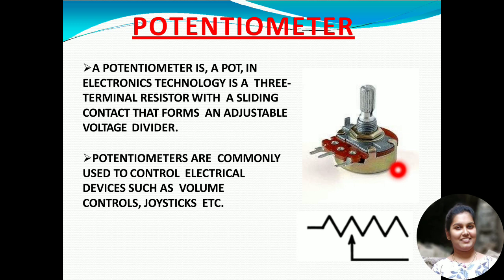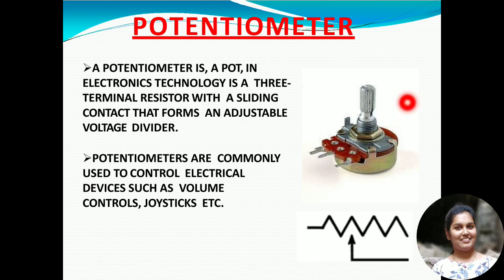So what we are using there is nothing but the potentiometer. These are also used in knobs like volume control, speed control, or joysticks. All the knobs in which, when you rotate the knob, the output is changing, in those circuits we see a potentiometer.